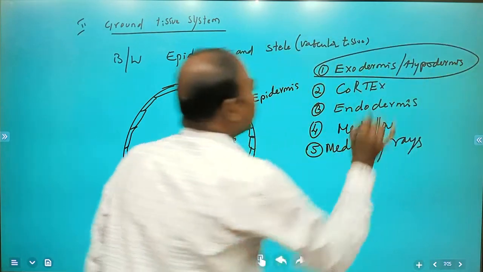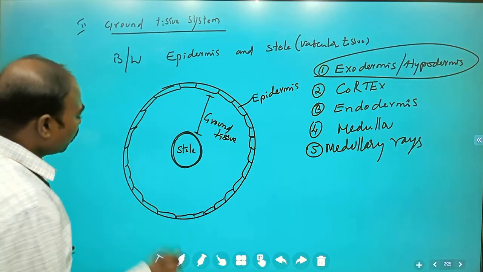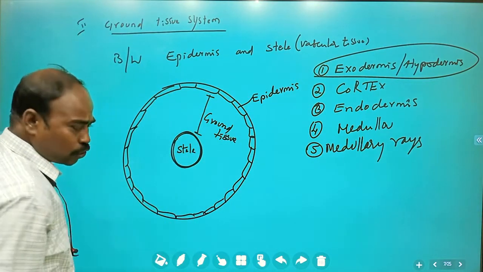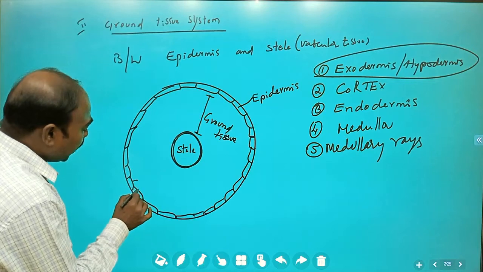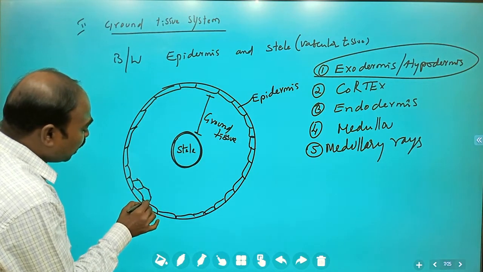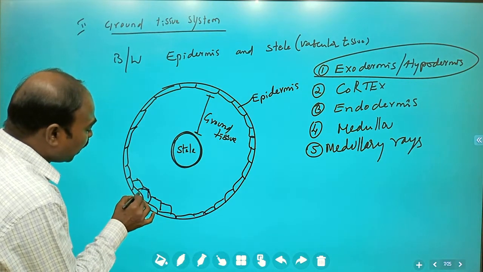You see exodermis or hypodermis beneath the epidermis. The exodermis may be collenchyma or may be sclerenchyma. Already we explained under collenchyma.